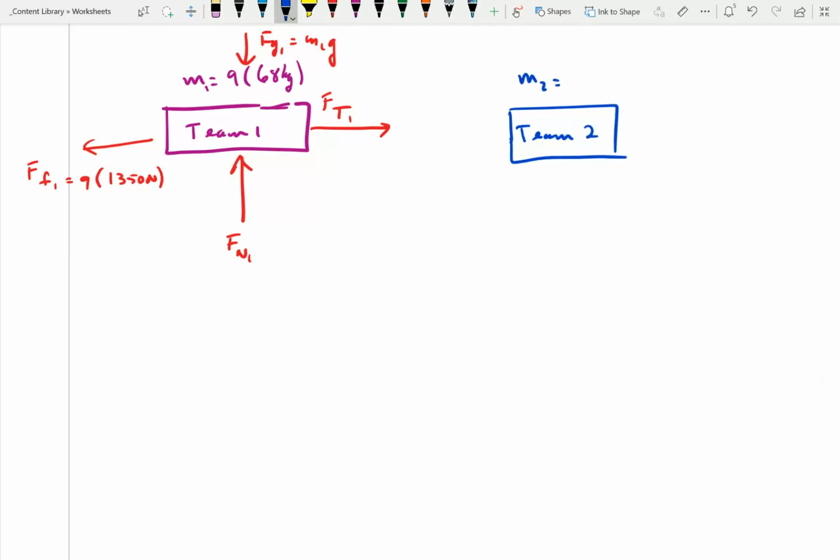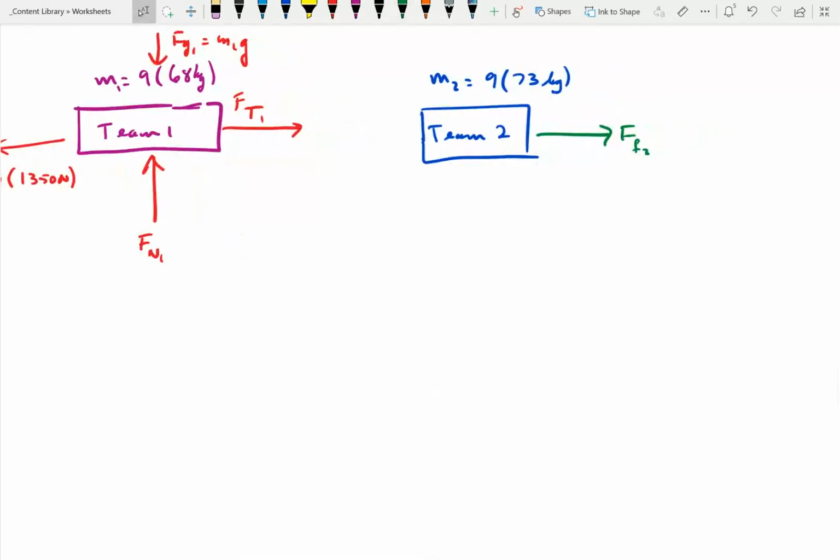Mass 2 is equal to 9 times the average mass of a player on team 2, which was 73 kilograms. And the force of friction, these guys are pulling backward. So the force of friction on these fellers is going this way.